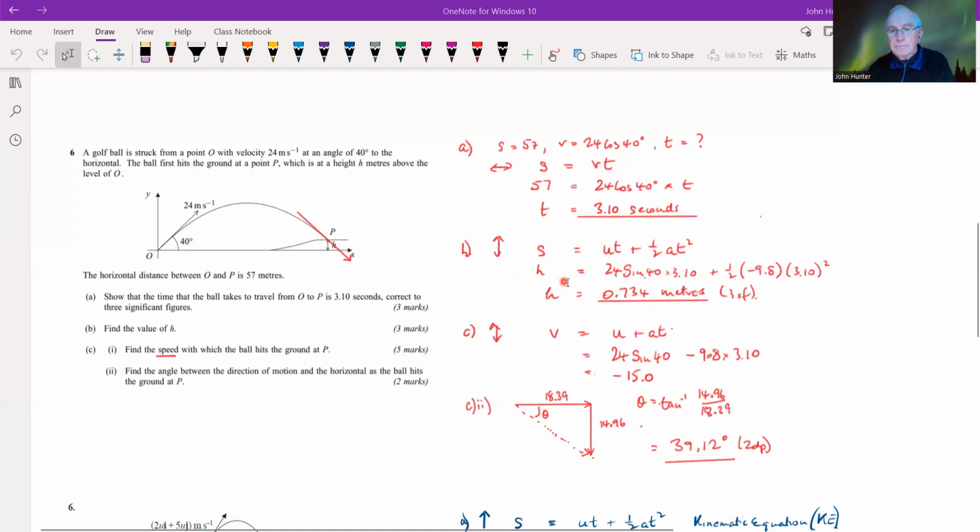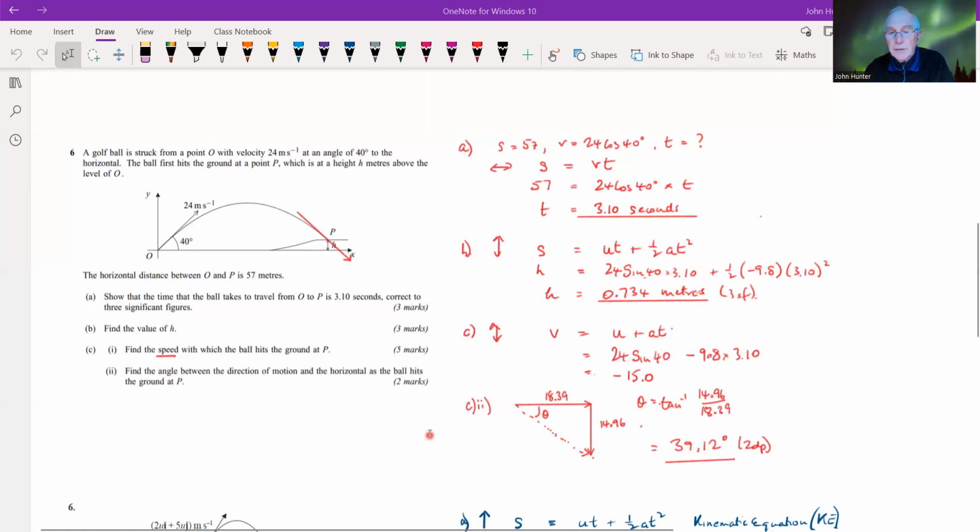So that is going to be equal to the initial velocity in the vertical direction, 24 sine 40, times the time of travel, 3.10, plus a half a, that's acceleration, it's upwards acceleration, which of course is negative, times 3.10 squared. This is just a calculation, put that in your calculator, and it will give you 0.734 meters to 3 significant figures.